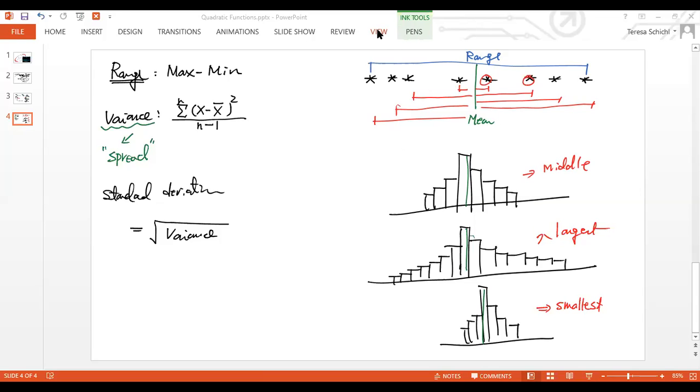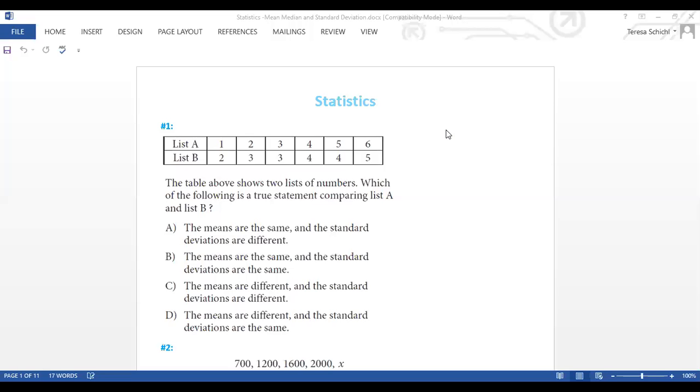Now let's go to the worksheets and do a few problems, and we will need to divide this into two videos. Like I said, most of the problems here do not really want you to put things into your calculator. The first one says, the table above shows two lists of numbers.